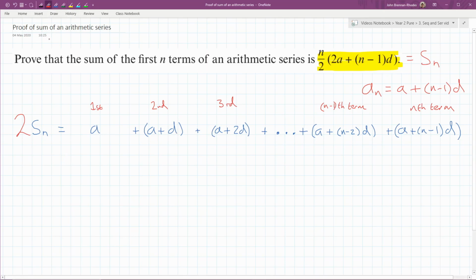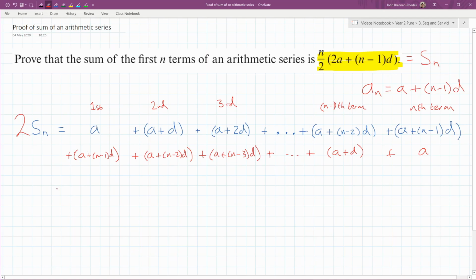So I'm going to have a plus n minus 1 times d, plus the n minus 1th term, that is a plus n minus 2 times d, plus the n minus 2nd term, that is a plus n minus 3 times d, plus dot dot dot, plus the first term would have been here, that's a, second term would be here, that's a plus d.